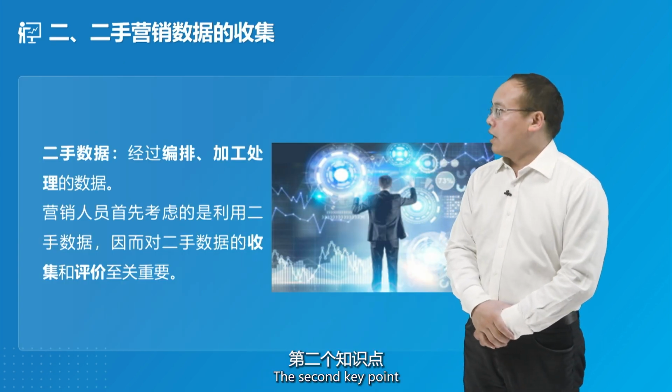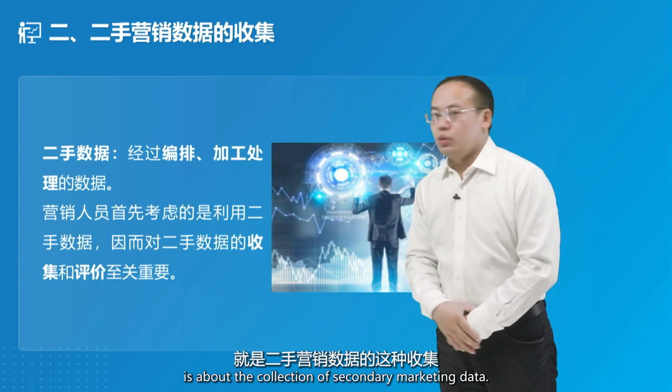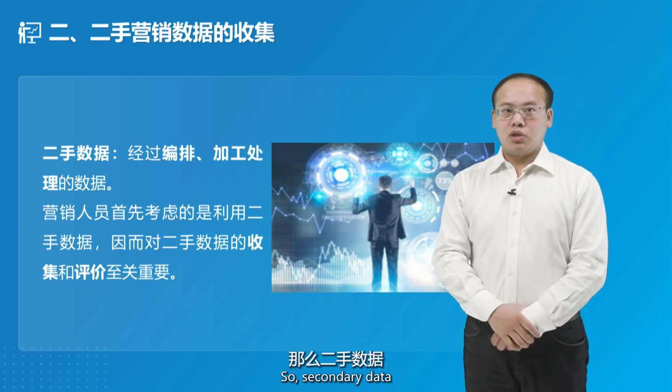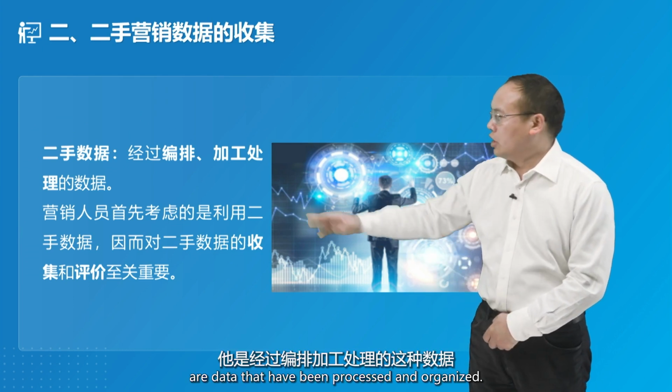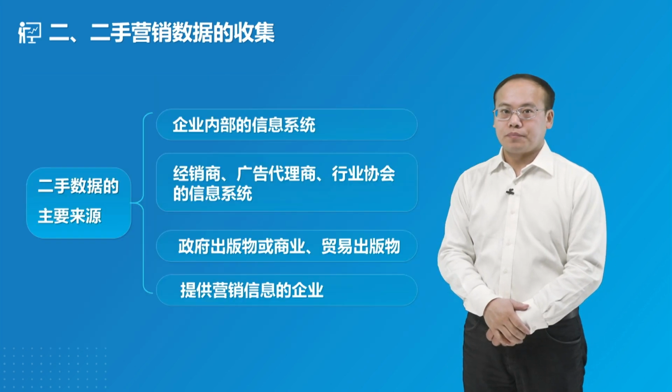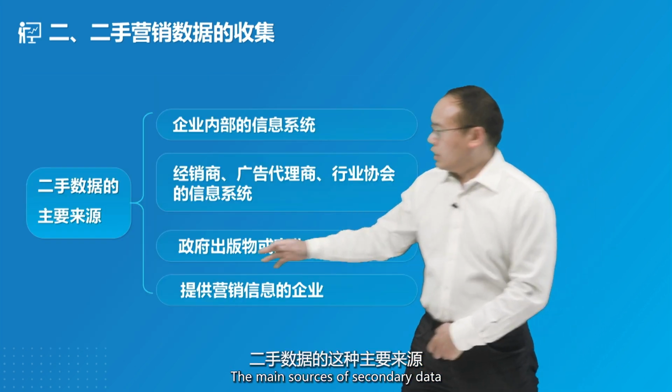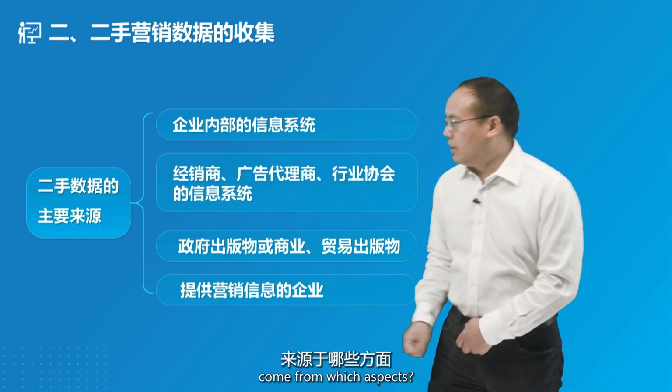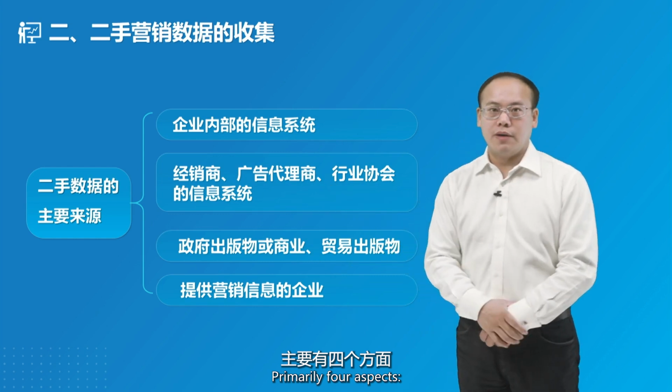The second key point is about the collection of secondary marketing data. So, secondary data are data that have been processed and organized. The main sources of secondary data come from which aspects? Primarily 4 aspects.